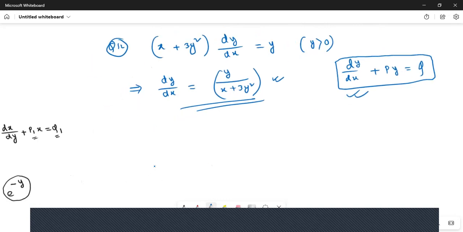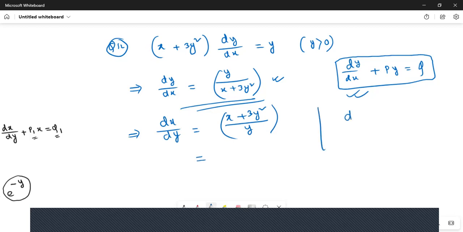So then we will try to write this one as dx by dy, okay? And then we will write x plus 3y square divided by y, okay? Now it looks like something similar to this particular form, dx by dy plus p1x equal to q1, okay?